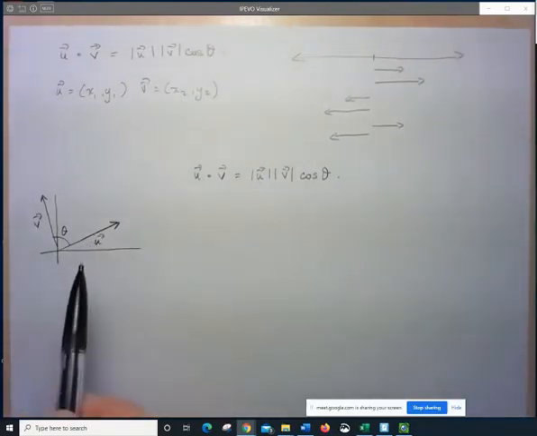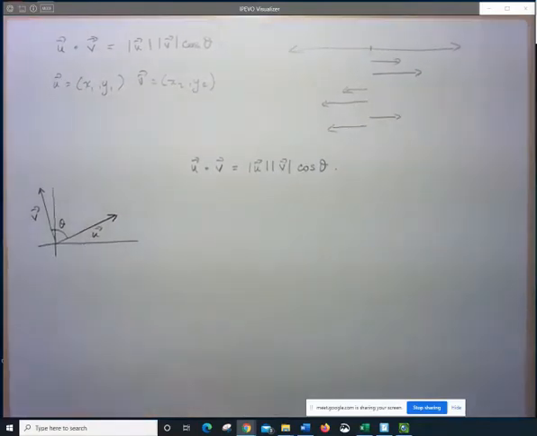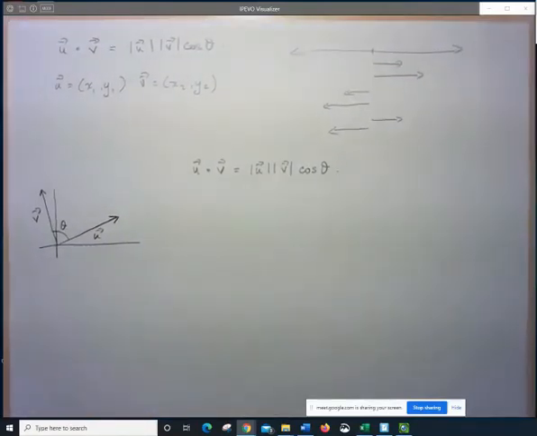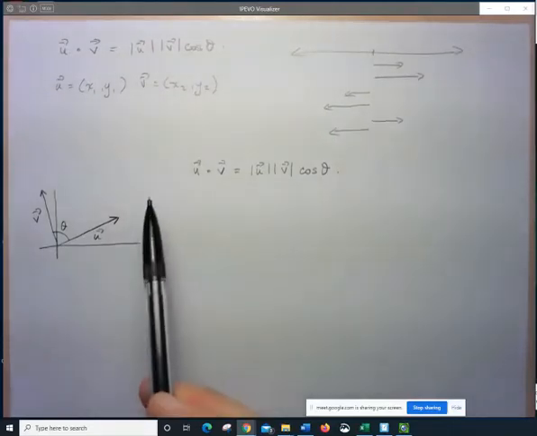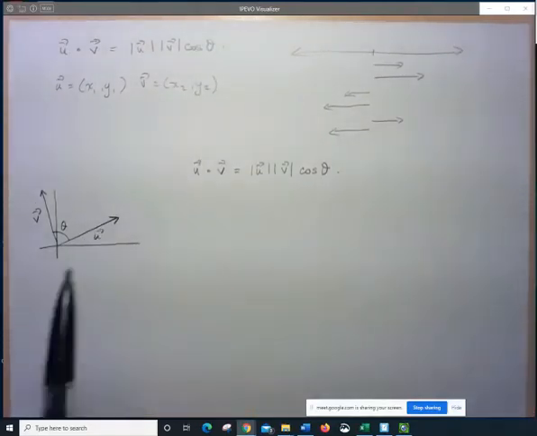Who's going to tell me why I'm going to stick with the cosine law version of it? I don't know that it's necessarily easier, but why am I going to stick with it? Who can tell me why it's vitally important? There you go. Because I'd like something that translates nicely to 3D.